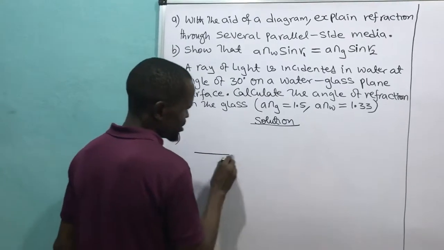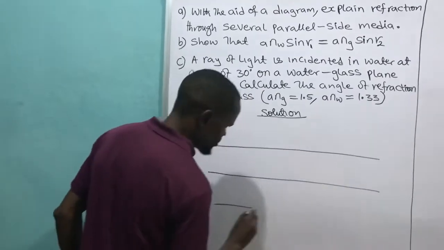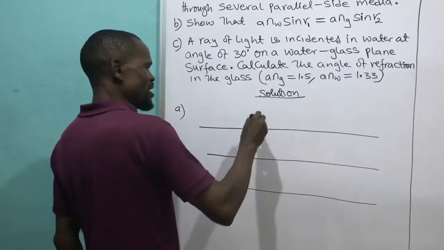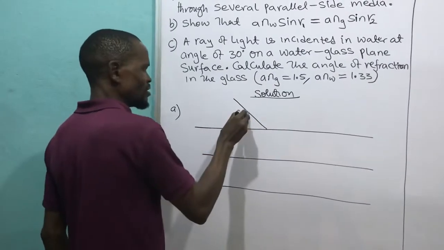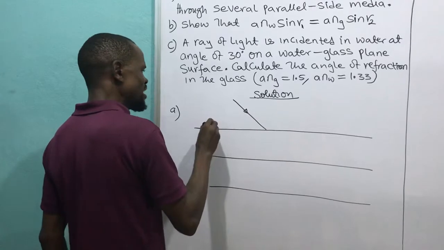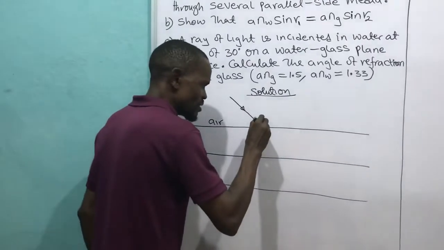I will draw something. Here, a ray of light, which is X, is incident on A. I call this A, and this is my normal.